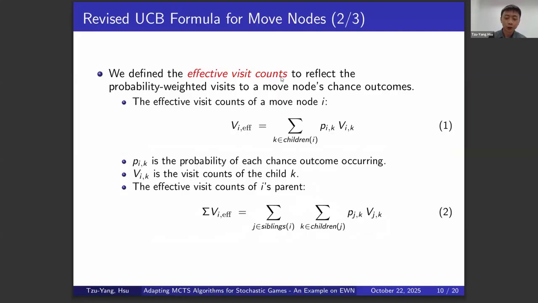For the games with non-uniform chance events, such as when we flip an unrevealed piece in Chinese dark chess, we just need to replace the probability term Pik in this equation with the actual probability of each chance outcome when we calculate the effective visit counts.